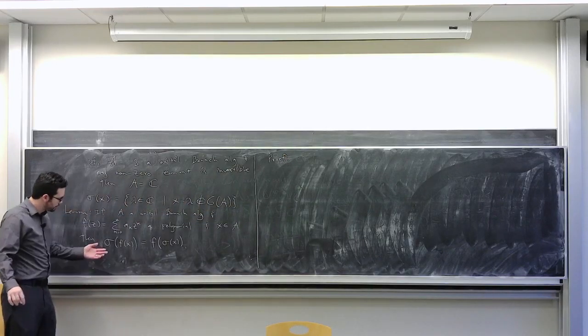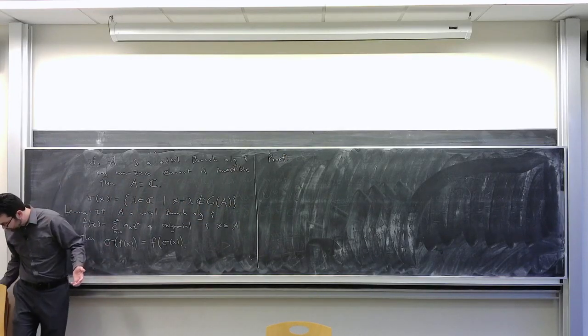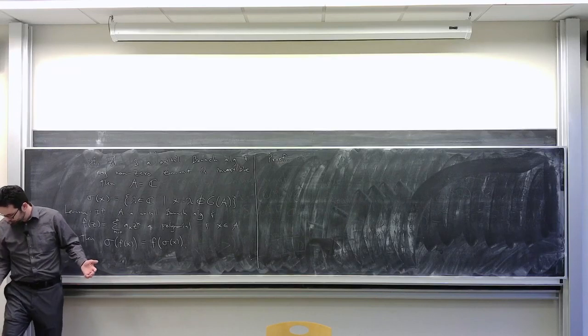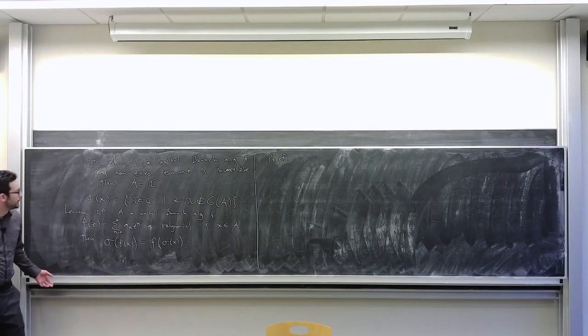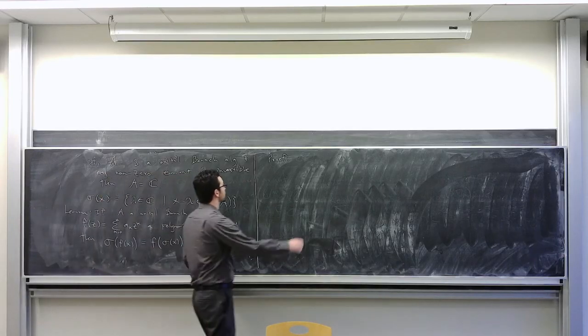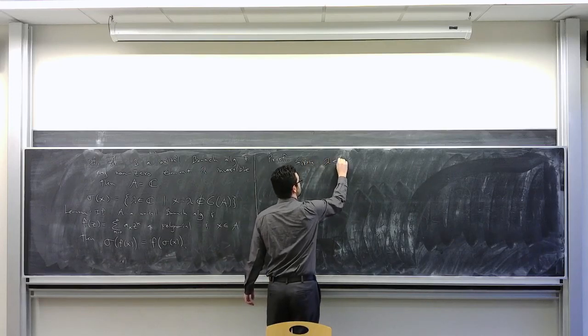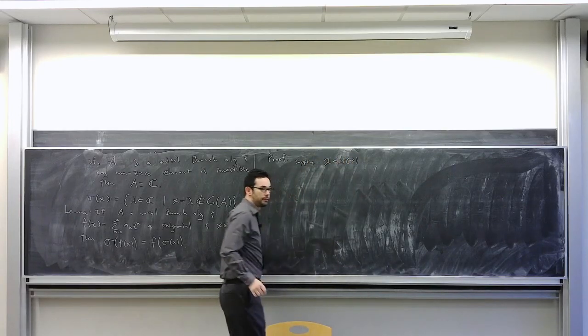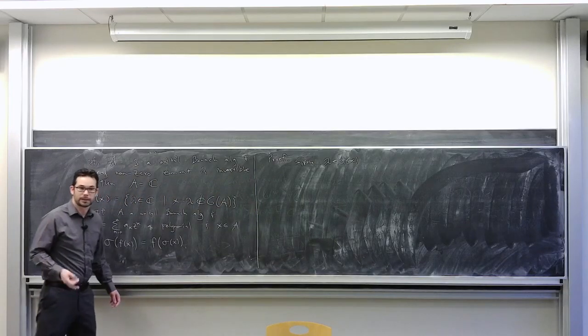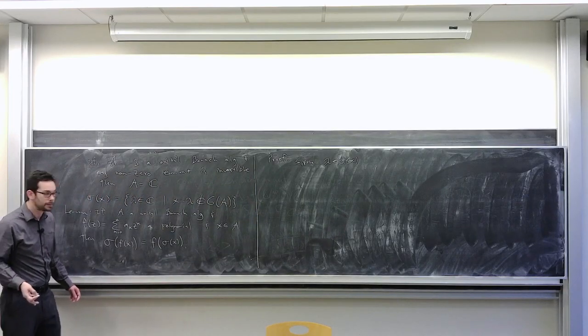We'll prove it by showing each side is contained in the other side. I don't know if there's an easier one, but let's first suppose lambda is in the spectrum of x, and we'll show that f of lambda is in the spectrum of f of x.